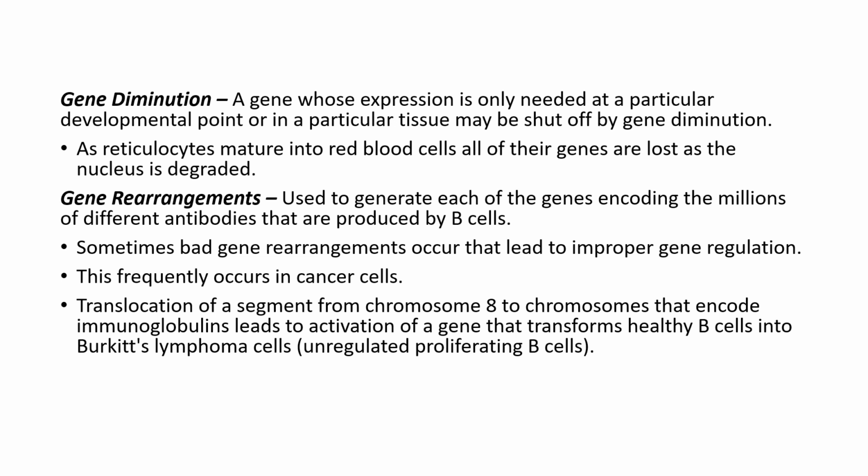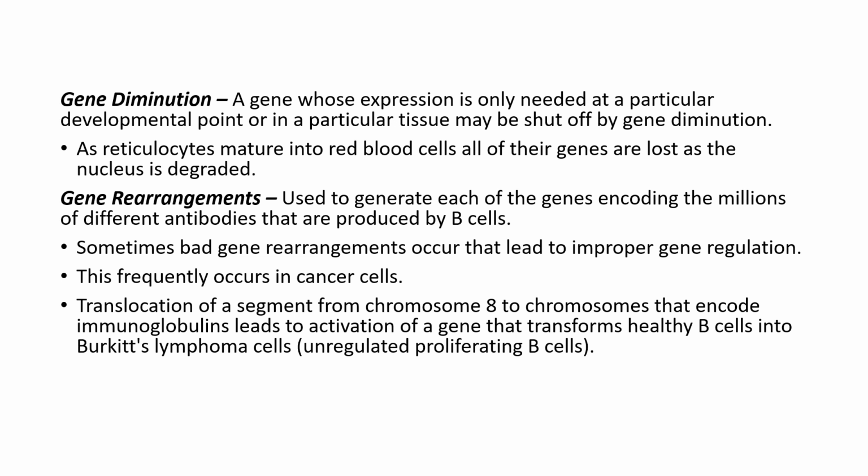The example for this is maturation of reticulocytes into red blood corpuscles, where the reticulocytes are nucleated and have a wide set of genes responsible for this maturation. However, these genes are not required in the RBCs. So, the genes are lost along with the nucleus of the RBC, which is degraded upon maturation.